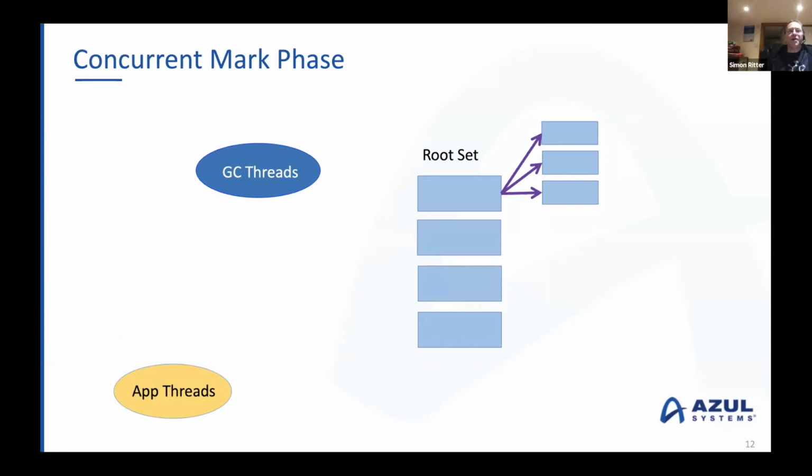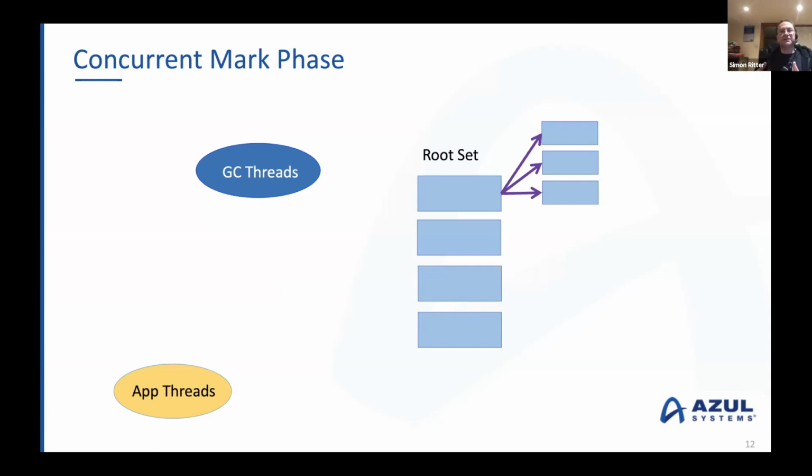Okay, so in terms of the marking phase, what happens is we decide at some point that we need to do some garbage collection. So the JVM will keep track of how much free memory there is, and it will say, okay, time to start doing garbage collection. And at this point, again, we follow the same sort of approach that some other algorithms take, which is to generate a root set. And the root set is a list of all the objects that you have directly accessible from your application code.